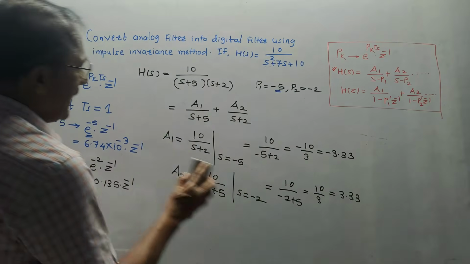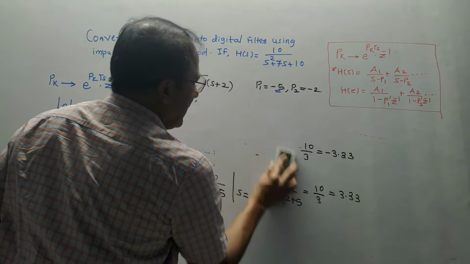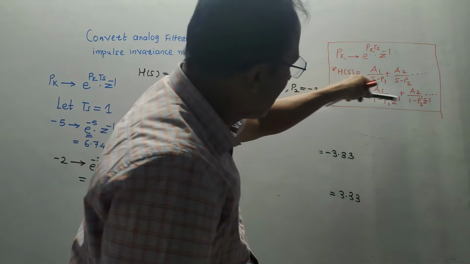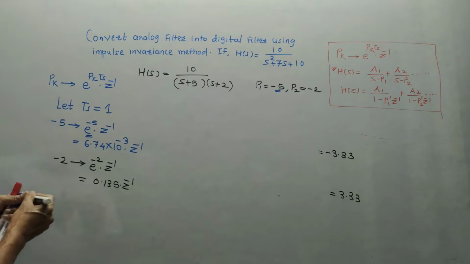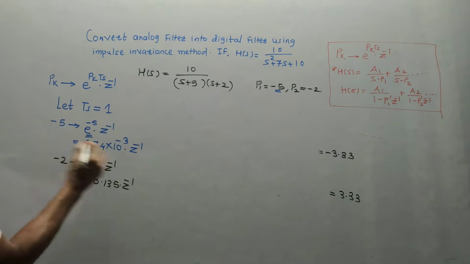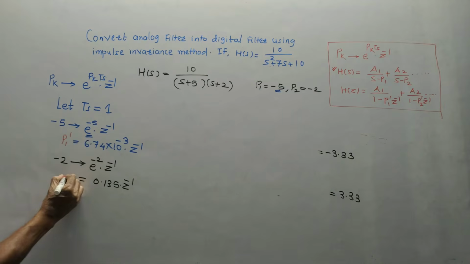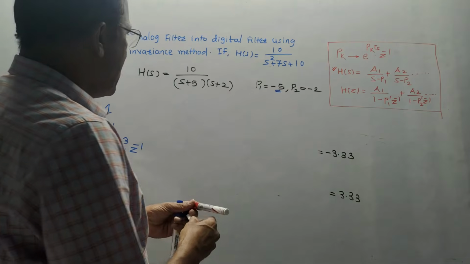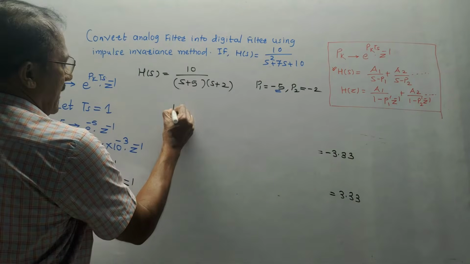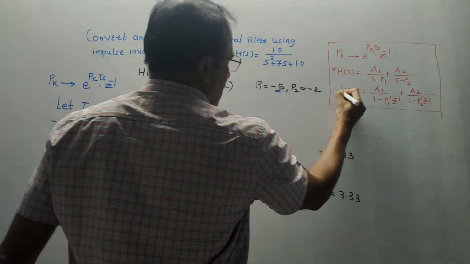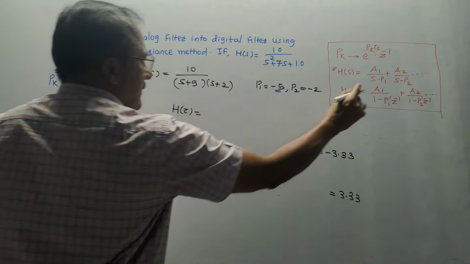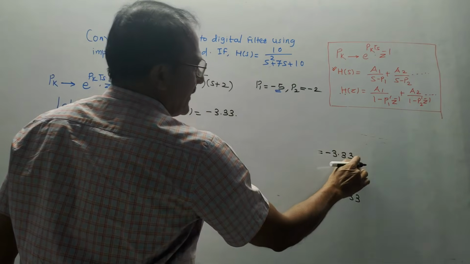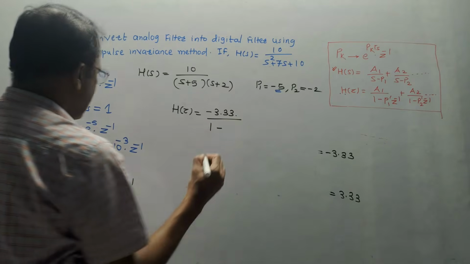Remaining steps are the same as in the previous case. So what I need to do is put the values of A1, A2 and the new poles P1 dash and P2 dash in this equation. I will denote these new values by P1 dash and P2 dash. So the equation of H of z can be written as H of z equals, using this formula, A1 and A2 remain the same as in the previous calculation. It is 3.33, which we have already calculated, upon 1 minus P1 dash.